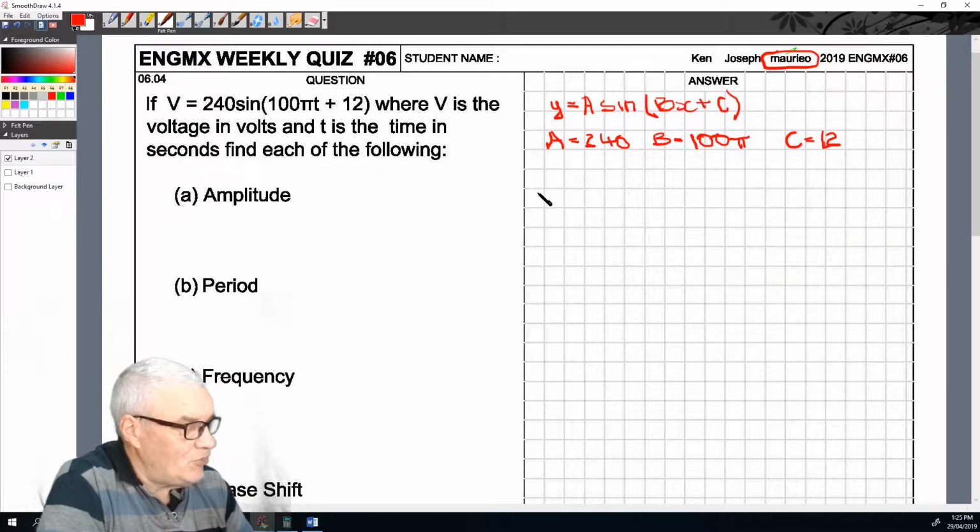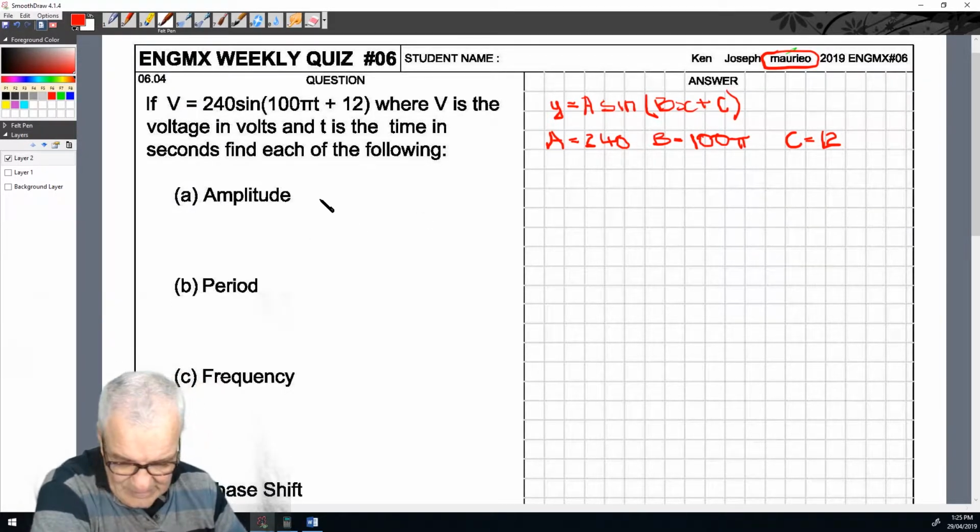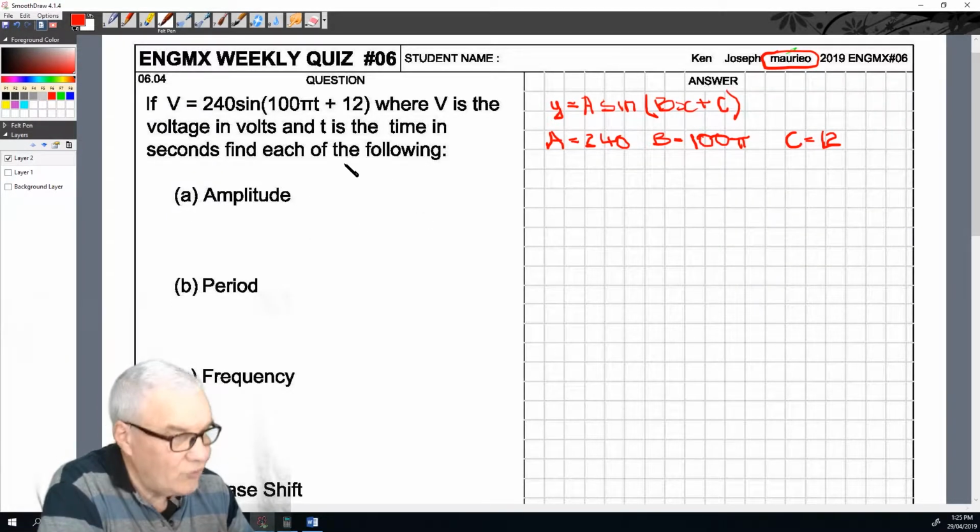Right, so amplitude A, and the amplitude equals A, and that's 240, and that'll be volts.